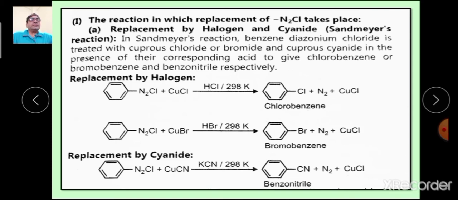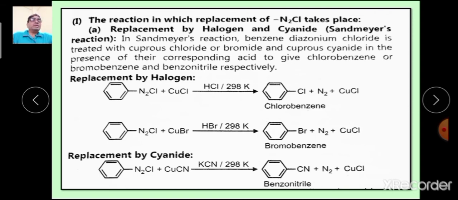The first reaction is replacement by halogen and cyanide group. The reaction is known as Sandmeyer's reaction. Here, benzene diazonium chloride is treated with cuprous chloride or cuprous bromide and with cuprous cyanide in the presence of their corresponding acids to give chlorobenzene if cuprous chloride is used, bromobenzene if cuprous bromide is used, or benzonitrile when cuprous cyanide is used.